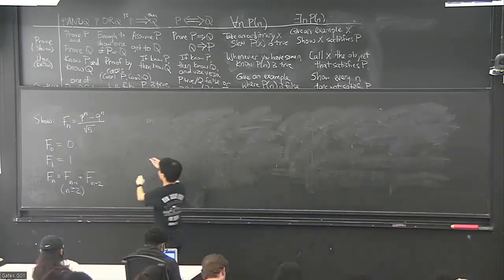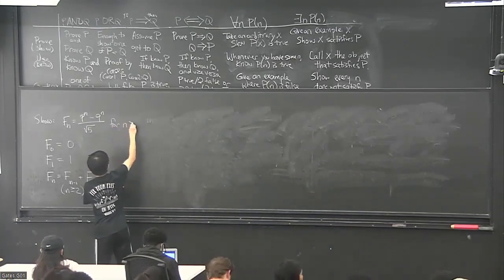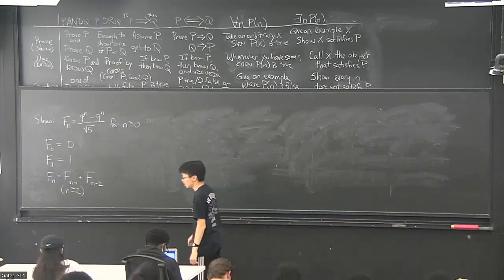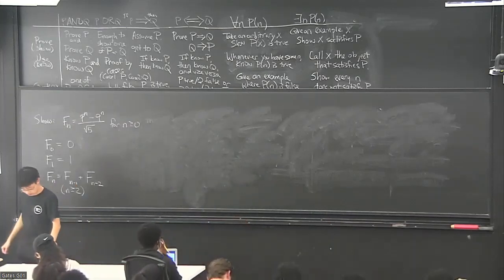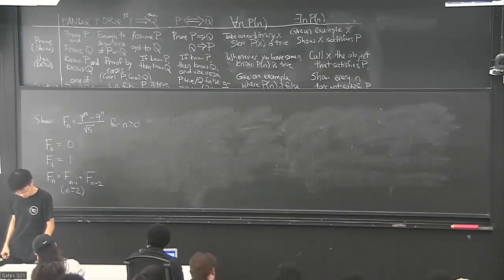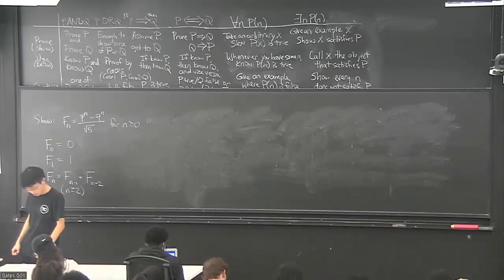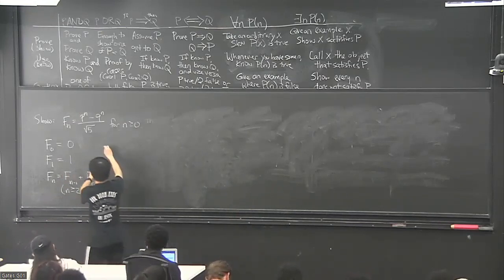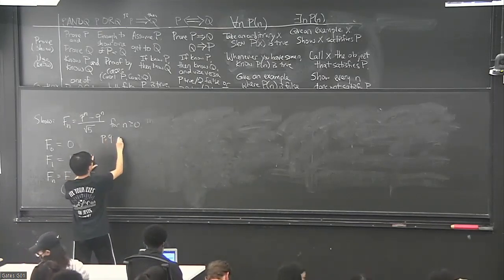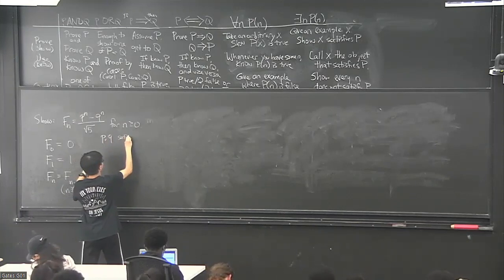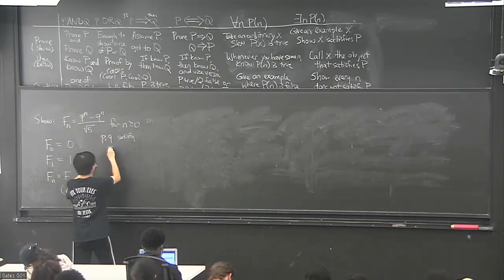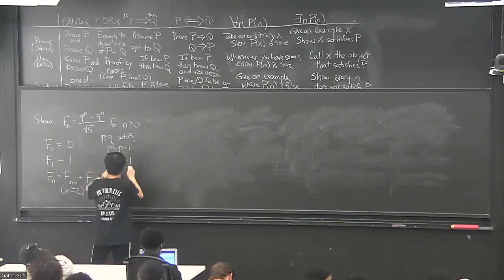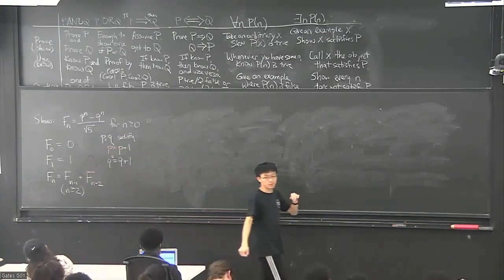I want to show this for n greater than or equal to 0. And I can say P and Q satisfy P squared equals P plus 1, Q squared equals Q plus 1. The precise values of P and Q are given in the problem.